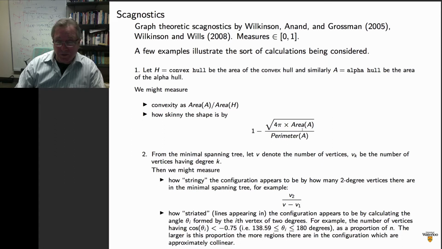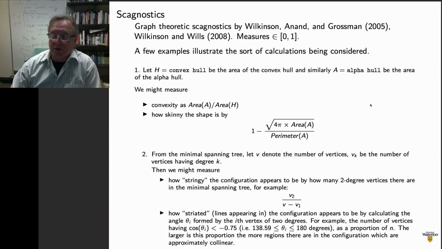And so this is a funny choice here. If you imagine the area of A is actually a circle, you've got 4 pi times pi r squared. So you've got 4 pi squared r squared. So the square root of that is 2 pi r, and that would just be the circumference of a circle. So that would be 1. So the notion is that a circle is the least skinny.